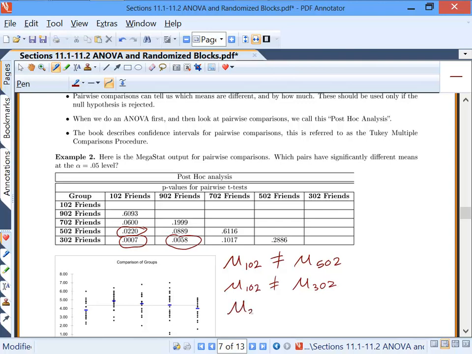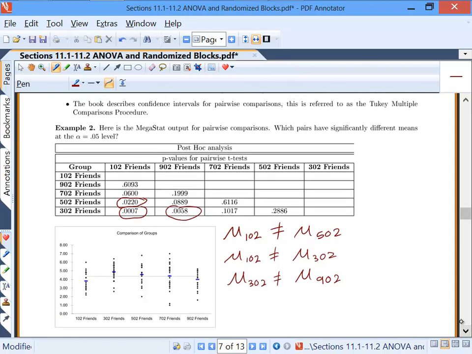And the mean for 302 is significantly not equal to the mean for 902. So those are the only three pairs that show up as being statistically not equal.